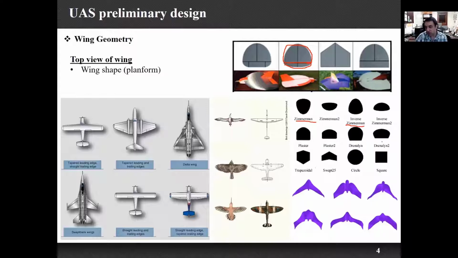There are varieties of wing shapes that have been inspired by birds or by a combination of different geometries, and we can have a variety of wing shapes or planforms. Birds sometimes give us a good view to design new wing shapes.